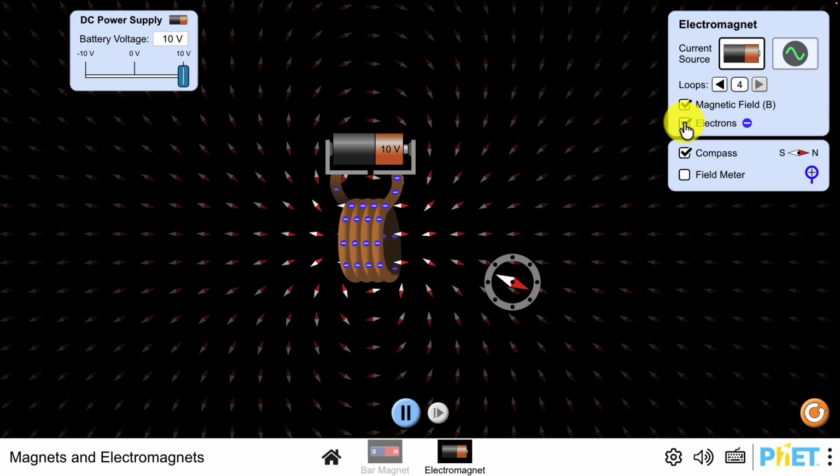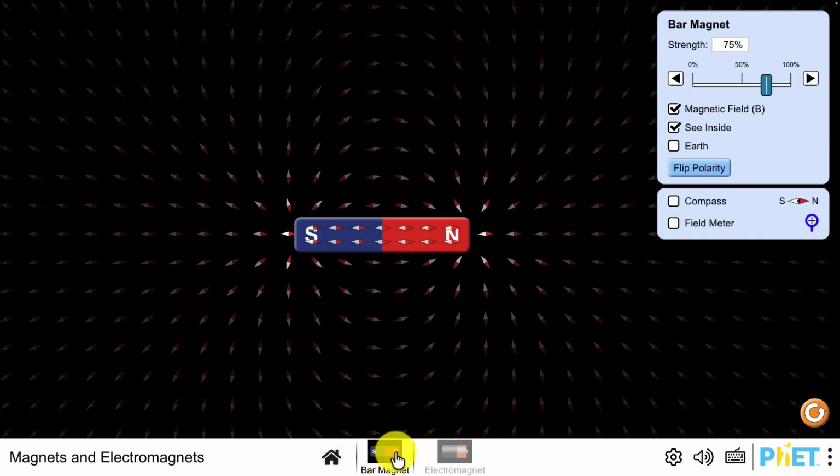So this is how electrons flow, from the negative to the positive. But we know there is the conventional current, from the positive to the negative. When the current flows here, you can see it creates a magnetic field. And this magnetic field has a pattern very similar to the magnetic field created by a bar magnet.